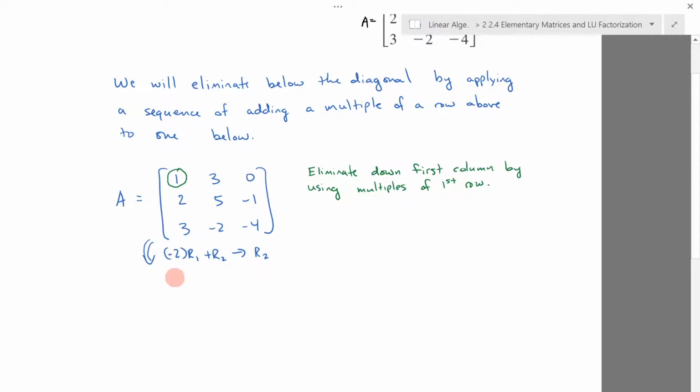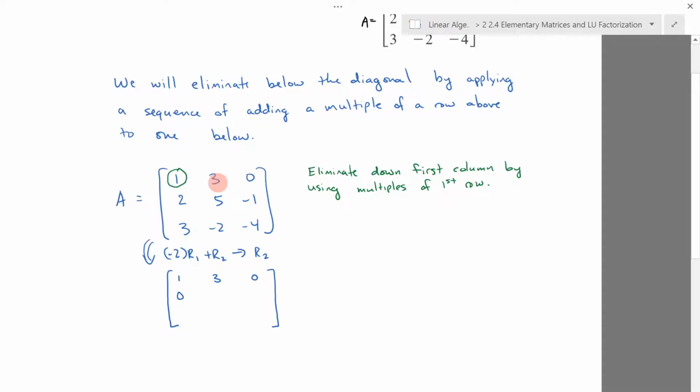Now let's do the calculation. -2 times the first row, right? So that's -2 plus 2. The first row stays the same. -2 plus 2 gives me 0, so that's eliminated.